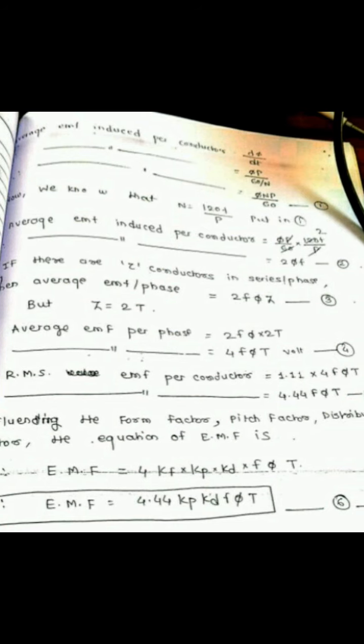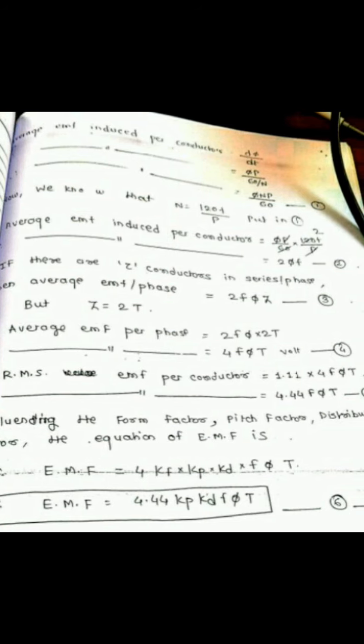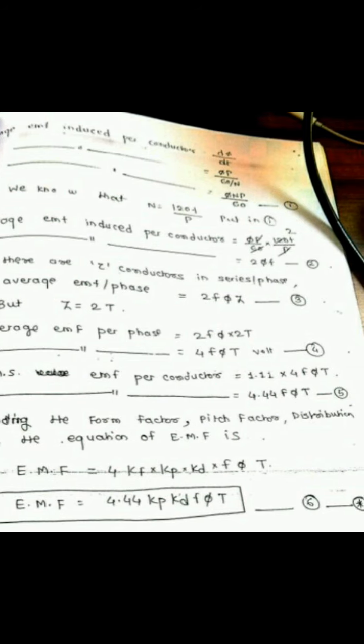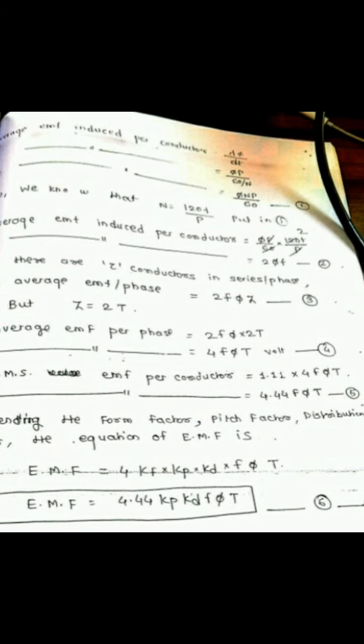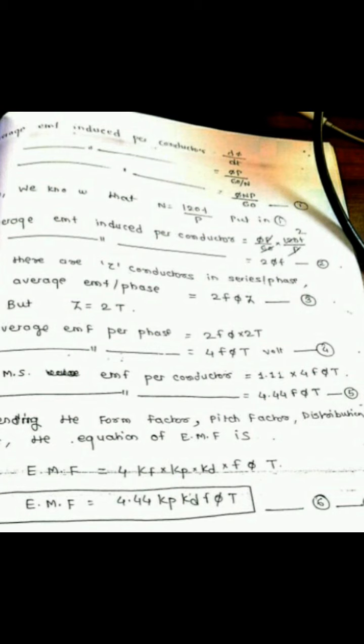So substituting that value into equation number 3, we get the average EMF per phase equal to 2fΦ into 2T, which is 4fΦT in terms of volts. So this will be the equation of average EMF per phase while substituting the value Z equal to 2T.